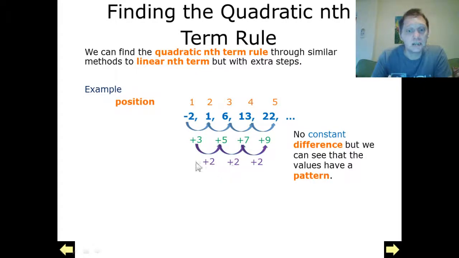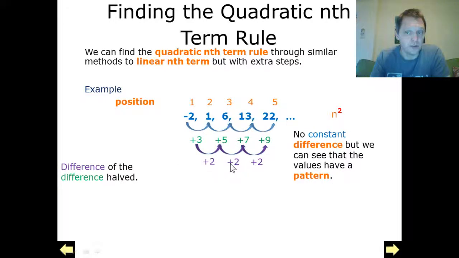Because it's adding 2 each time, I'm going to halve my difference and put this in front of an n squared. Because half of 2 is 1, I've just written in my number 1, and left it as n squared. Much the same as with my linear nth term, I'm now going to do my n squared times table, replacing my letter n with the position term I'm looking for: 1, 4, 9, 16, 25.